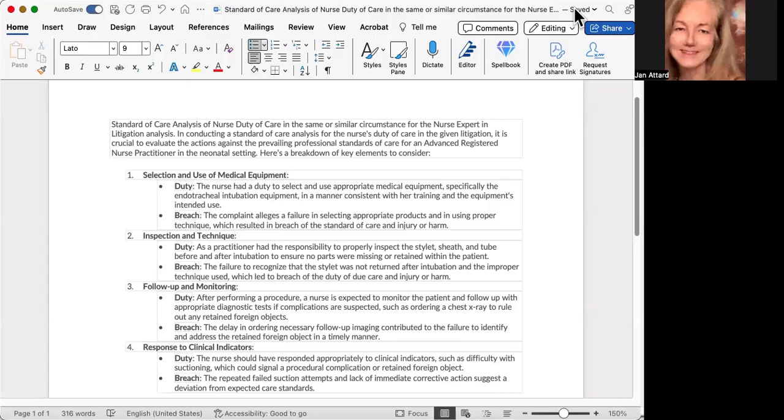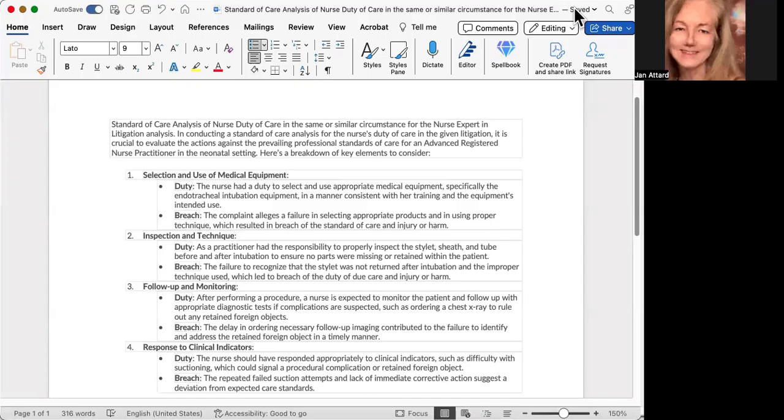In conducting a standard of care analysis for the duty, it is critical to evaluate the actions of the nurse, whatever specialty she's in, against the prevailing professional standards for any advanced practice nurse in the neonatal setting. So maternal, infant, NICU, L&D, postpartum, and here's a breakdown of all the key elements. Best to always review the chart.